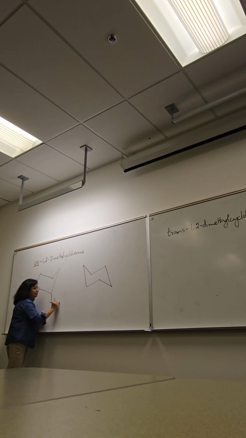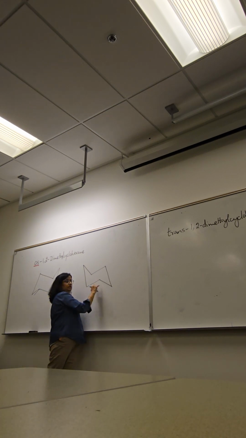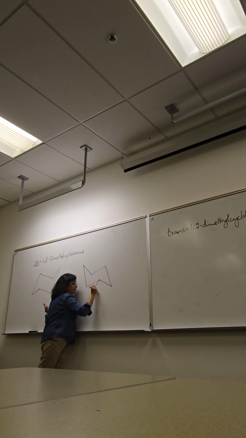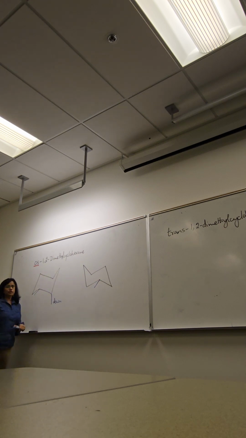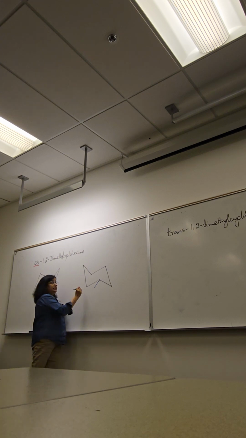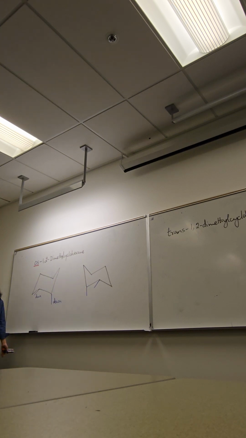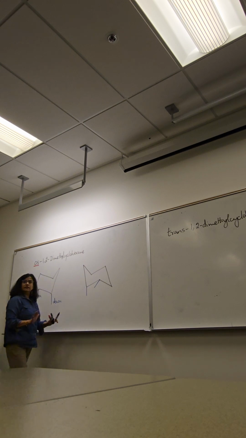Axial becomes equatorial, but it's still pointed downwards. And that is also pointed downwards, but it is equatorial. It's still cis, isn't it? Down, down, down, down, cis.